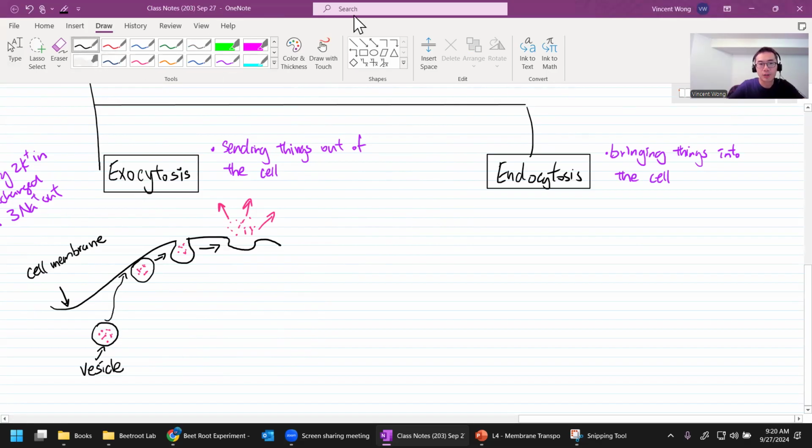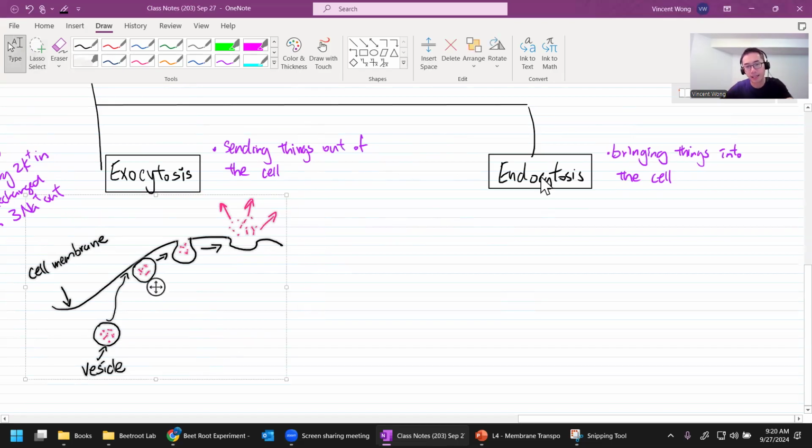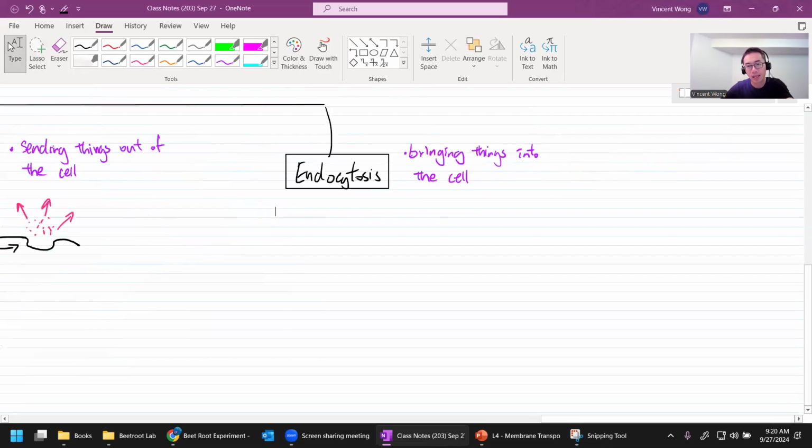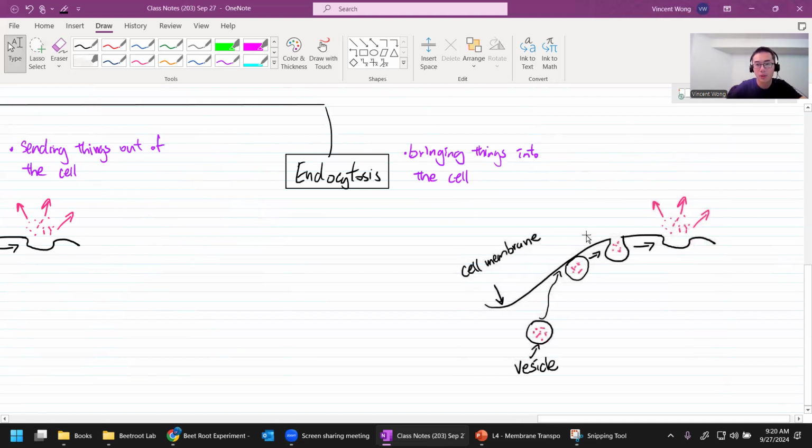I'm really sorry, but there are three types. You don't really have to draw this again now, but you can draw it later when you are cleaning up your notes. Endocytosis is basically the same thing, but now it's going in the other way.